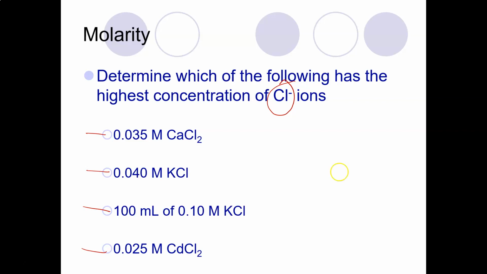Okay, so for this first one, well, it would break into calcium and 2 chlorides. So the molarity of chloride is going to be, instead of 0.035, it's going to be 0.070. I'm giving stuff away. I just take it times 2, 2 to 1. For this one, potassium chloride breaks into 1 potassium, 1 chloride.